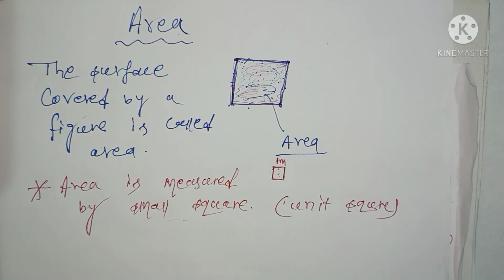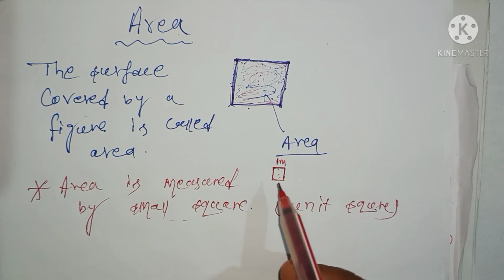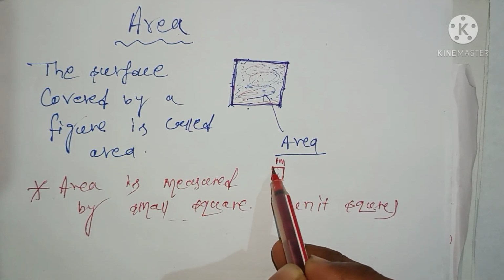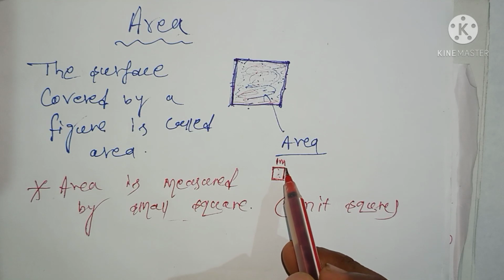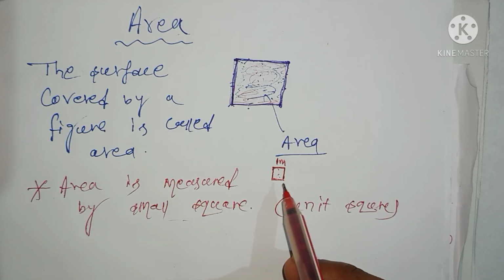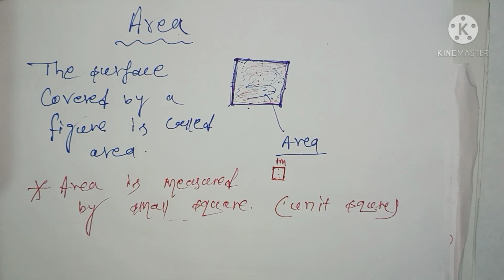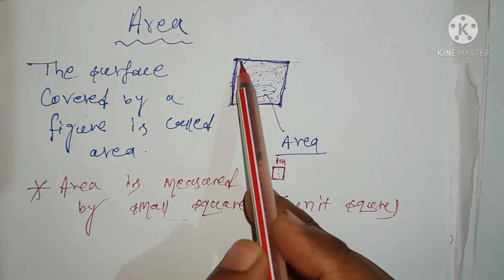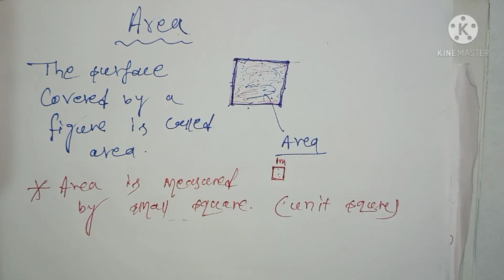Okay, so how can we choose the square? Sir, which one will be 1 meter, or 1 kilometer, or 1 centimeter? It depends on the figure; according to the figure we choose the square. Suppose one figure is 10 kilometer long and 10 kilometer broad. Then we may take a square of 1 kilometer.